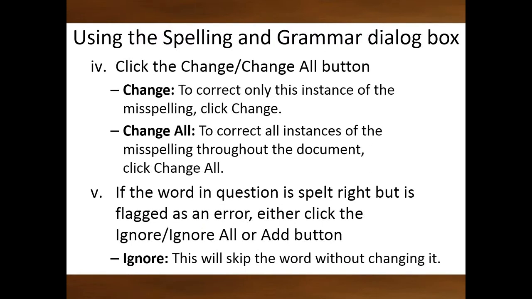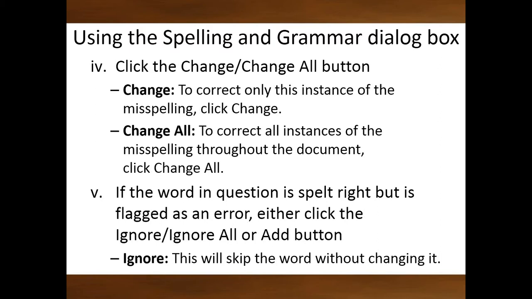If you click the Change button, it corrects only that particular instance of the word that is wrongly spelled. But if you click Change All, that option causes the computer to replace all the wrong spellings with the correct spelling at once.